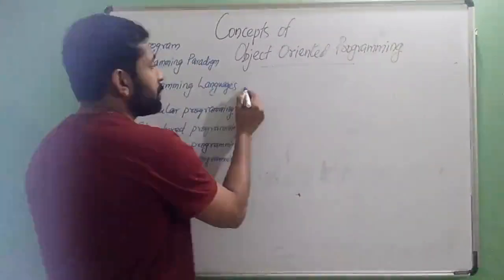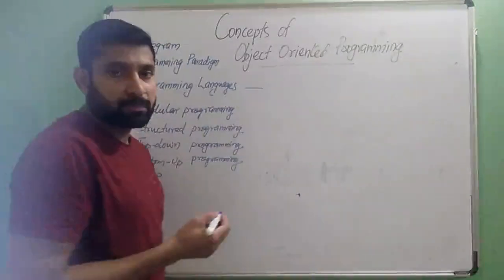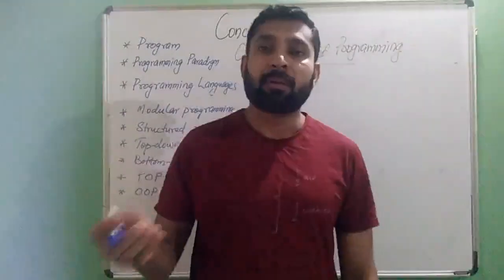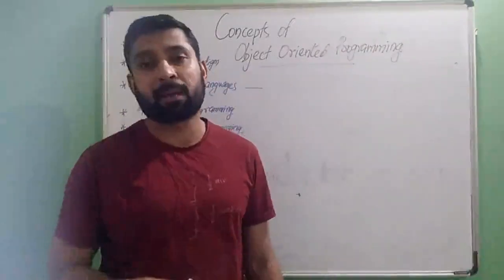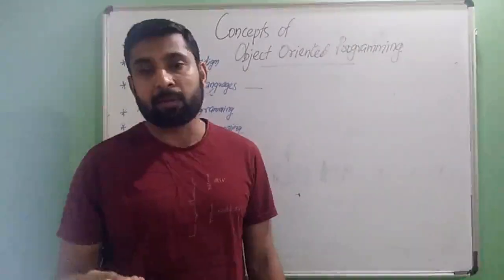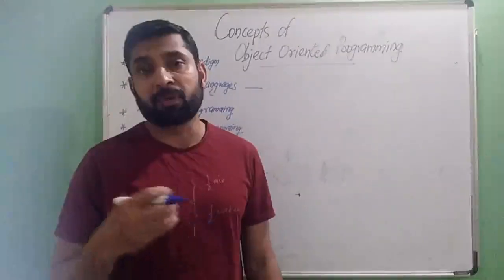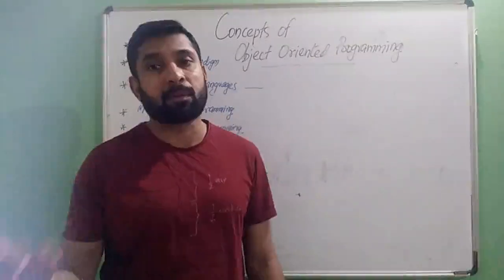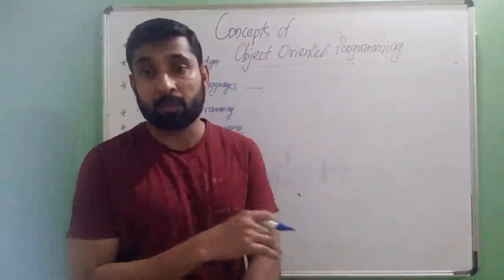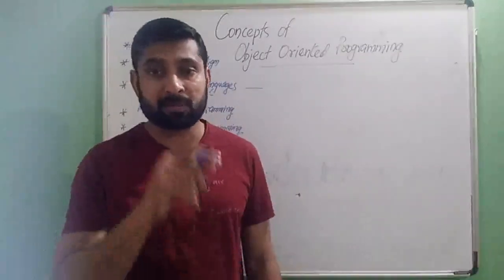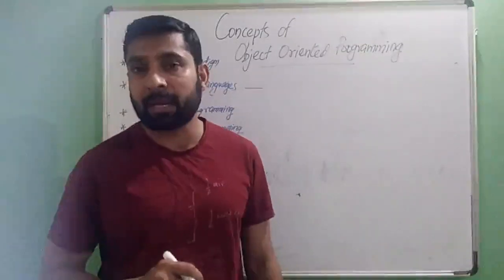So there are programming languages. We know there are low level or machine level programming languages, which are difficult to learn and difficult to program, but the computer can directly or easily recognize that language. That is called the low level or machine level language.